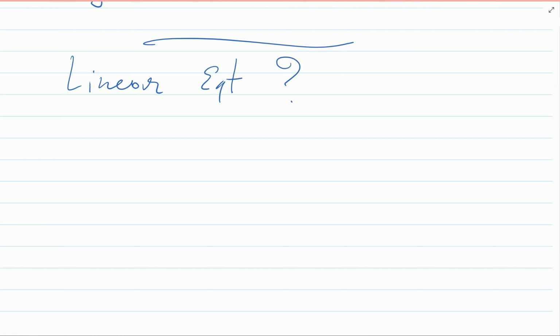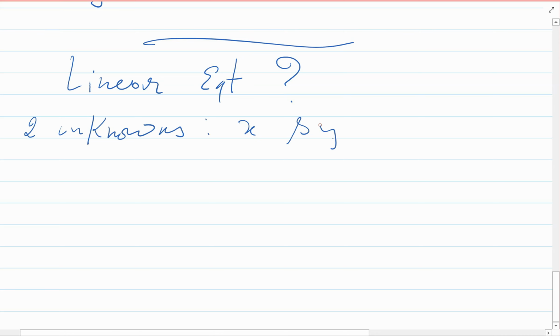So what is a linear equation? Let me start with a few examples. First, if you have two unknowns, x and y, I'm using generic letters for the unknowns.